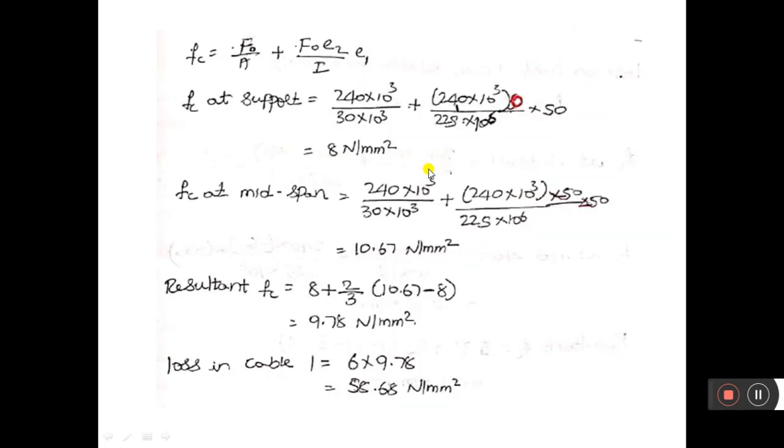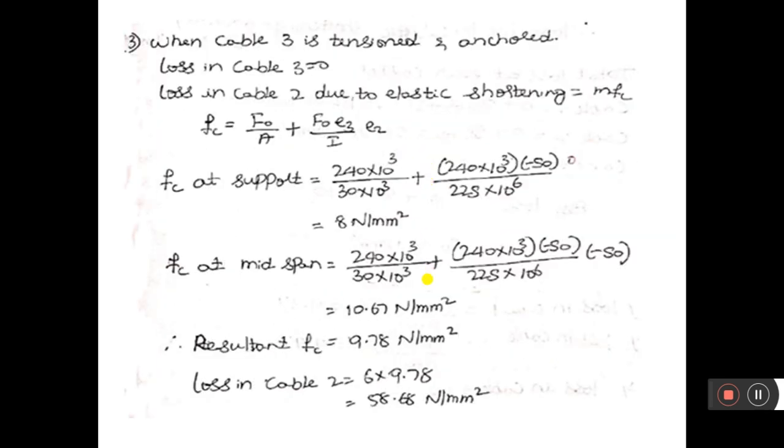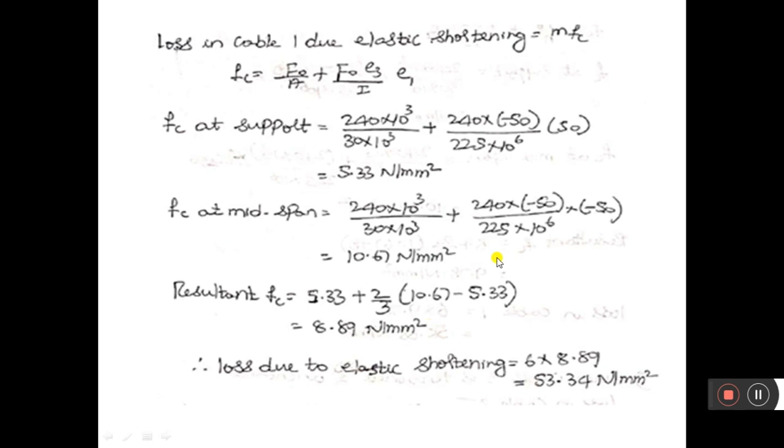So substitute these values. So minus 50 and minus 50, E3 and E1, you will get compressive stresses in the concrete due to eccentricity at midspan equal to 10.6 Newton per mm square.